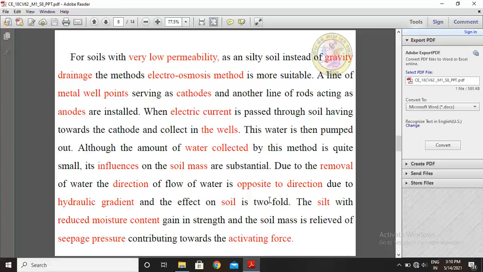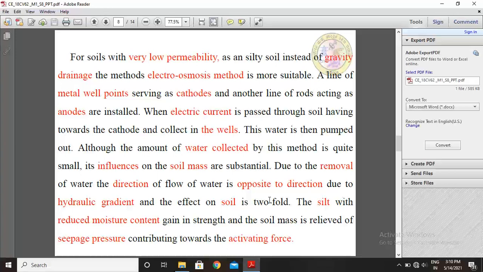Here hydraulic gradient means the ratio of the head of the water to the length of the distance, h by L. The silt with reduced moisture content gains in strength, and the soil mass is relieved of seepage pressure, contributing towards the activating force.